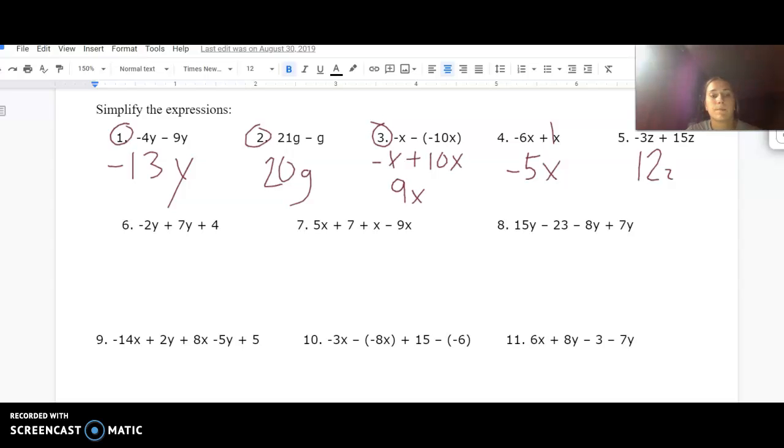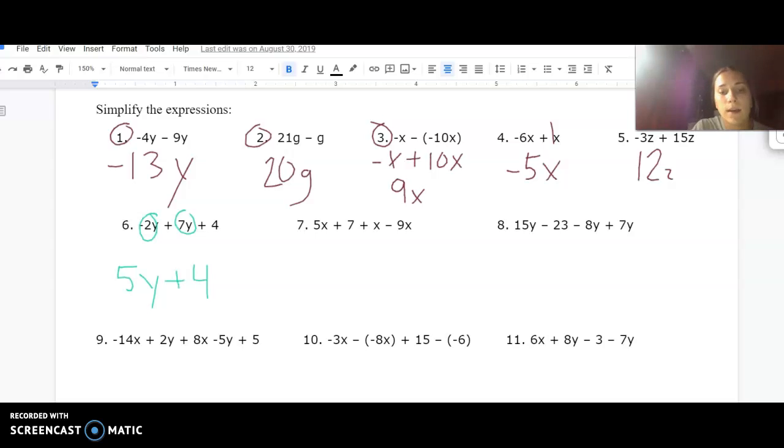Number 6, we have negative 2y plus 7y plus 4. So I can combine the y's. That gives me 5y plus 4.